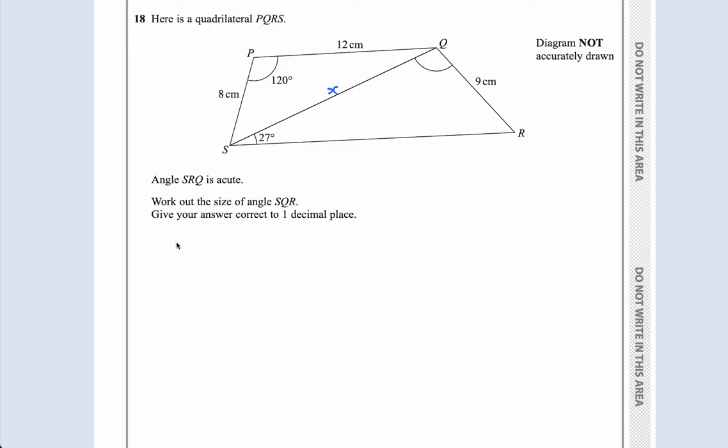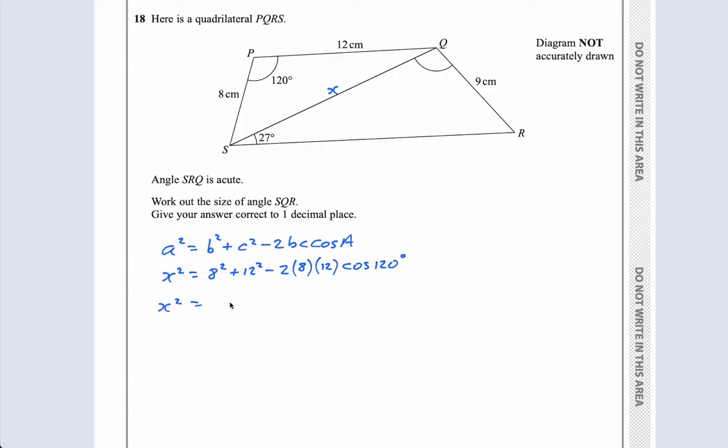The formula is up in the formula sheet as well. a squared equals b squared plus c squared minus 2bc cos A. A in this case is x. So it's x squared equals 8 squared plus 12 squared, the two sides beside it, minus 2 times 8 times 12 times cos 120 degrees.